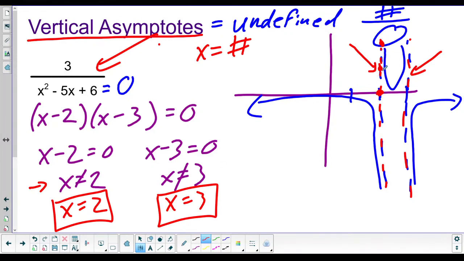So because all of your ordered pairs have the same x value, we say x equals that number. So again, to find vertical asymptotes, you're finding your restrictions, and that's x equals the restricted number.